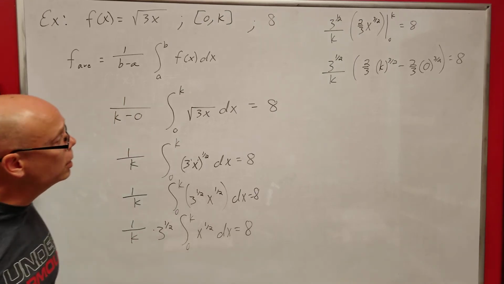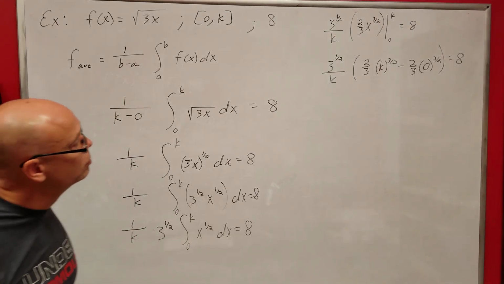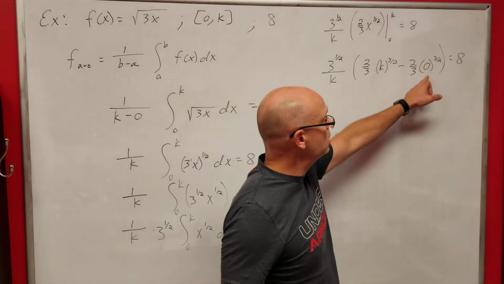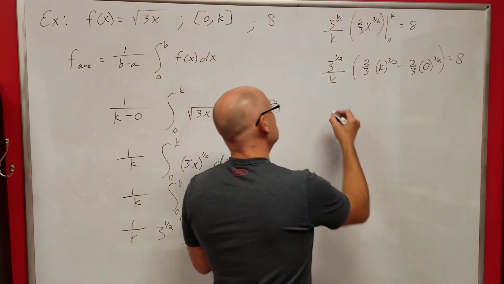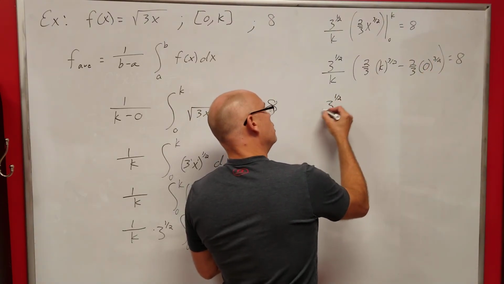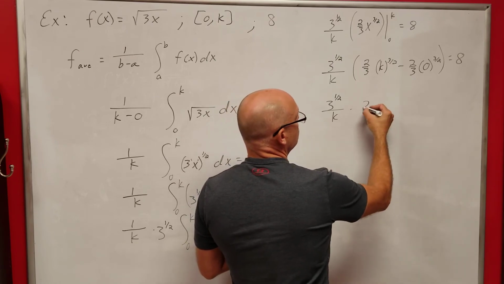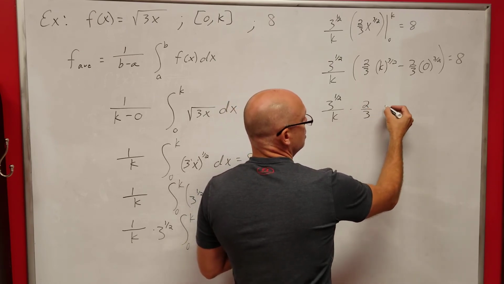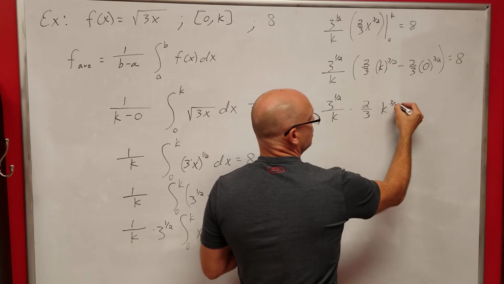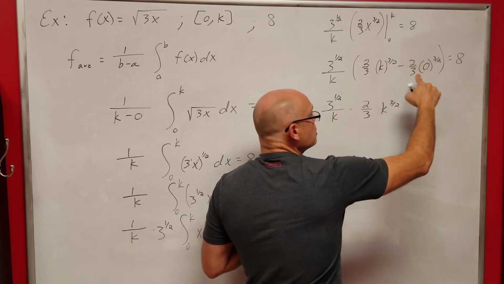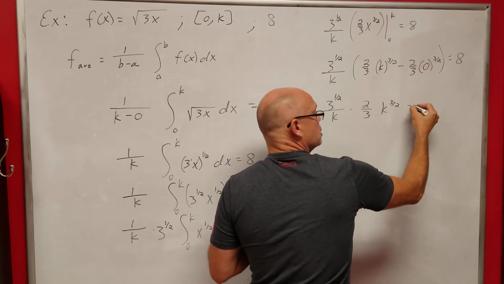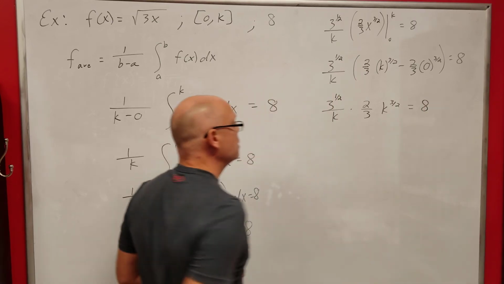Well, let's keep going. This part right here is easy. That just goes to 0, right? So I have 3 to the 1/2 over k times 2/3 times k to the 3/2. We said all this goes to 0, so we have that is equal to 8.